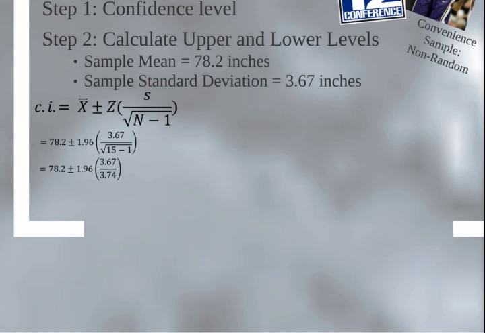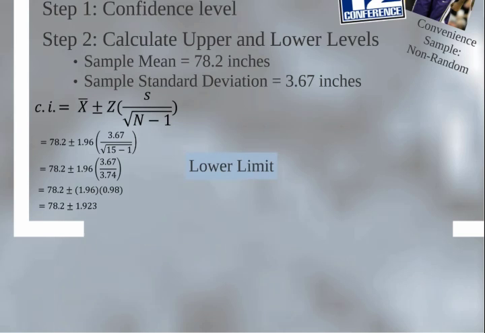So we continue to calculate this out. The square root of the sample size minus 1 is 3.74. We divide the standard deviation by that, and we get 0.98. And then we multiply that by the z-score, 1.96. What we come up with is 78.2, the mean, plus or minus 1.923.